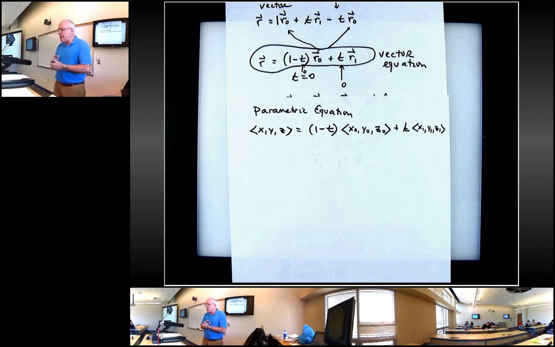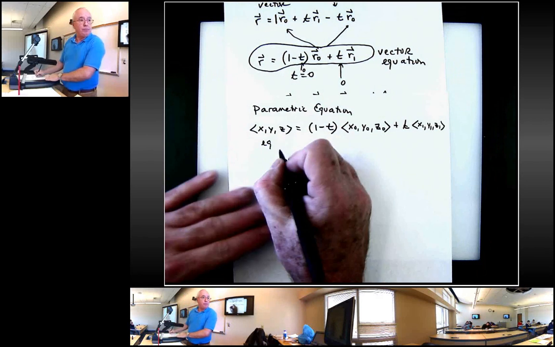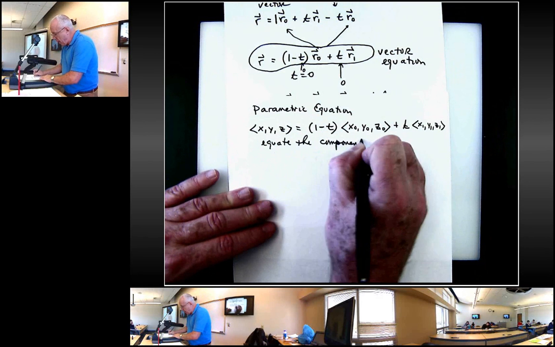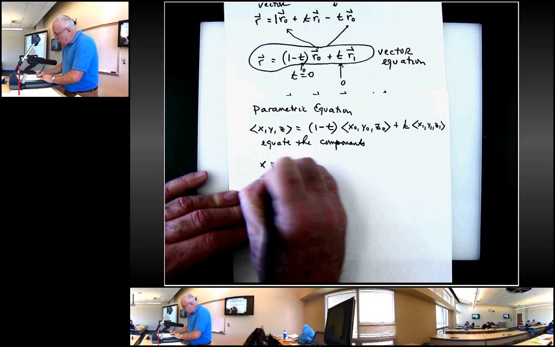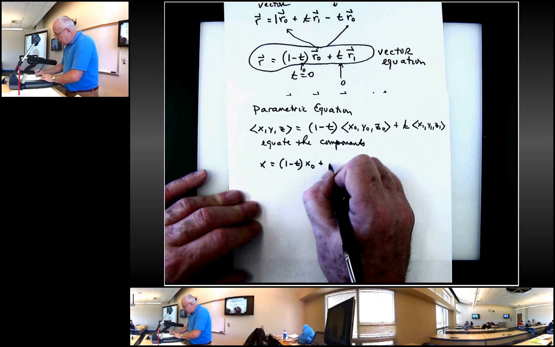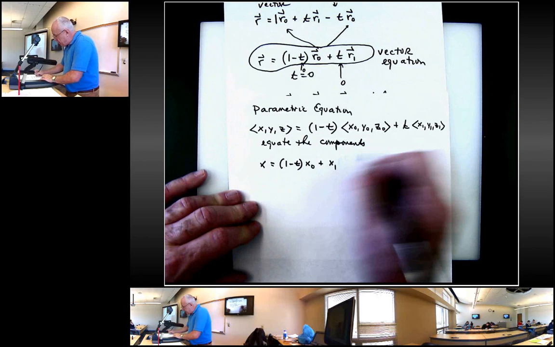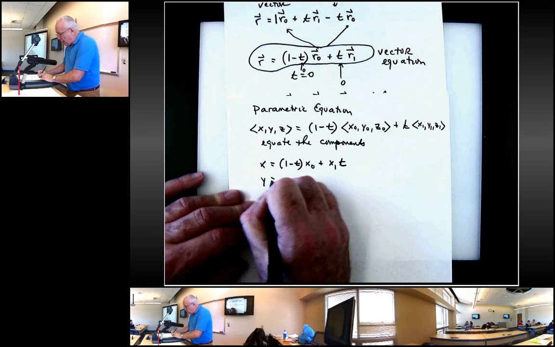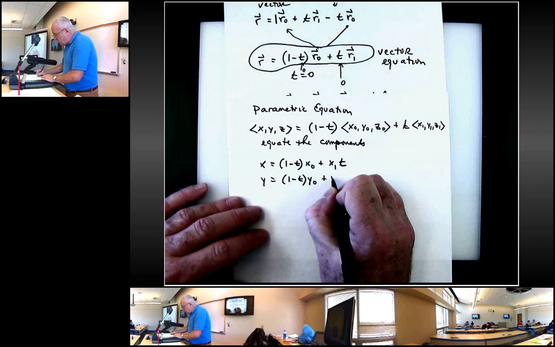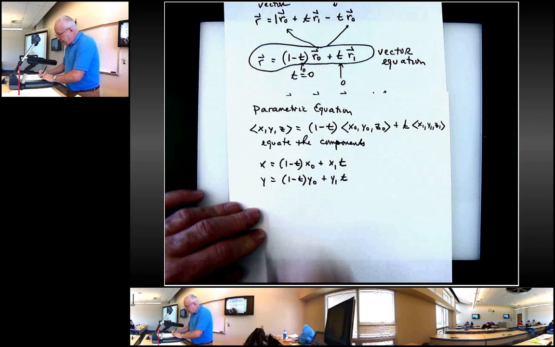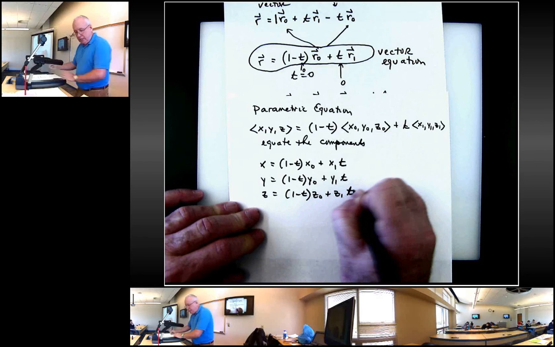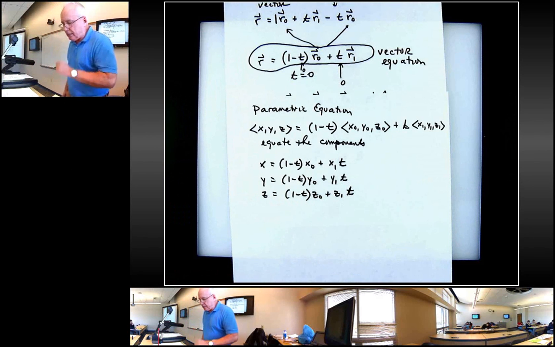Now we equate the components. X equals 1 minus t in parentheses times our initial X plus our terminal X value times t. Y equals, again, 1 minus t times our initial Y plus our terminal Y times t. And Z is equal to 1 minus t times our initial Z plus our terminal Z times t. We can represent it like that.